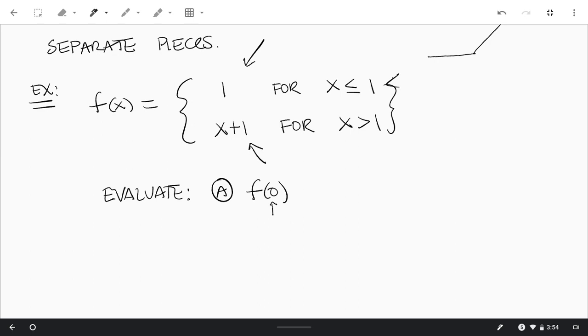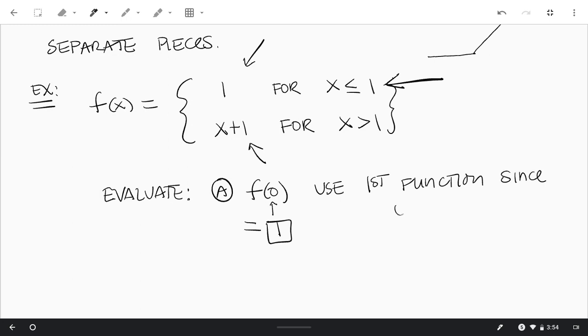So we are going to use this first function to evaluate. There's no place to plug in an x, so we just get 1. Here we use the first function since 0 is less than 1.